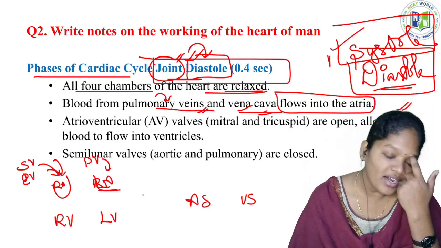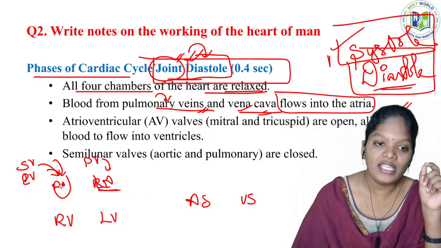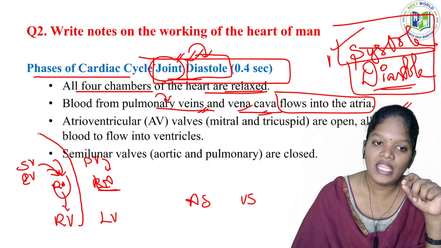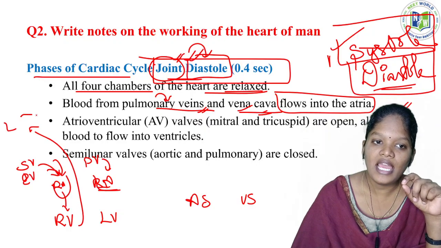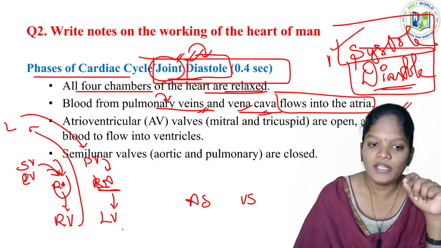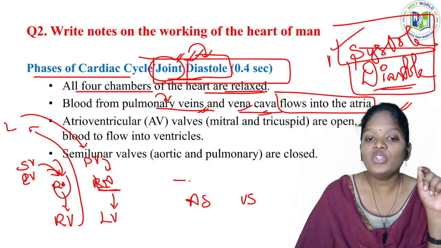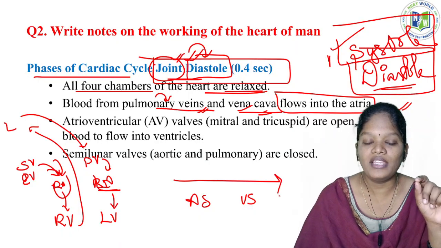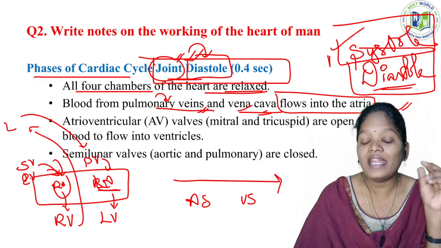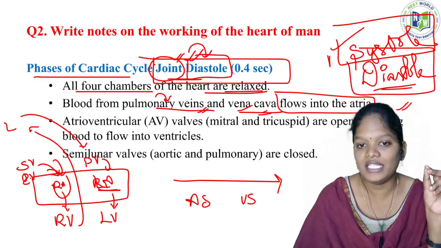You should not think that only after the right atrium, the blood enters the right ventricle, is taken by the pulmonary artery to the lungs, and from the pulmonary vein reaches the left atrium and then the left ventricle. You should not think of it in a sequential manner. Both atria are filled with blood at the same time, simultaneously.